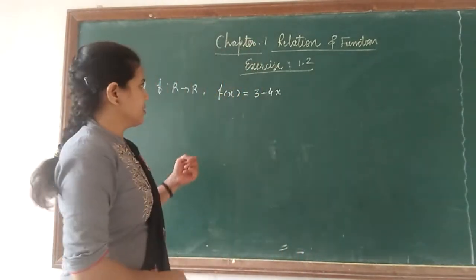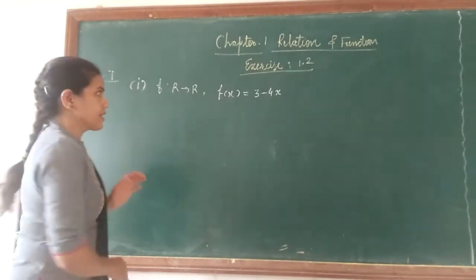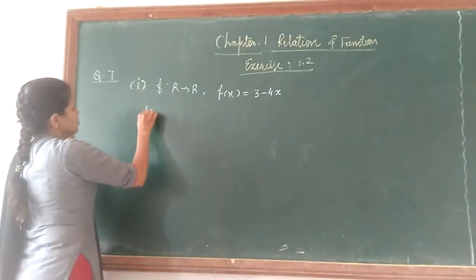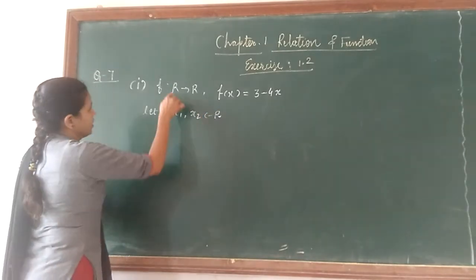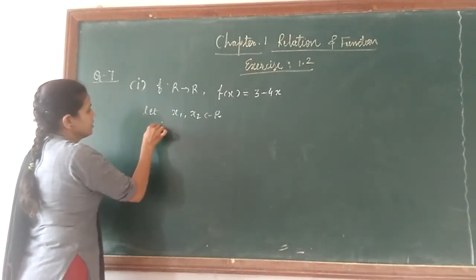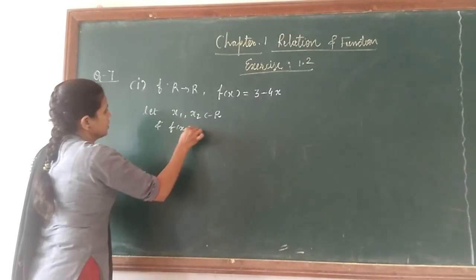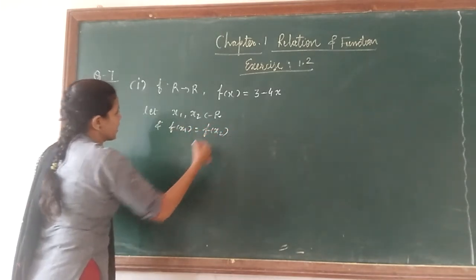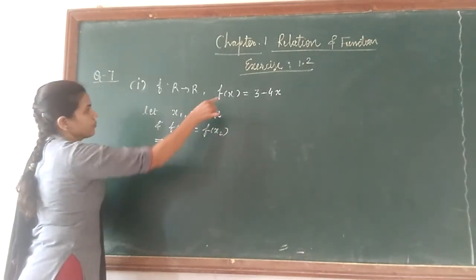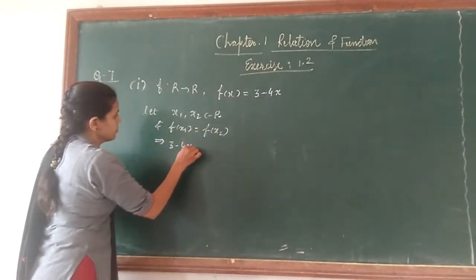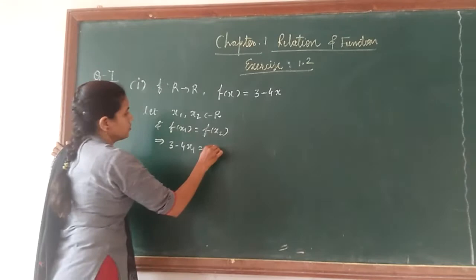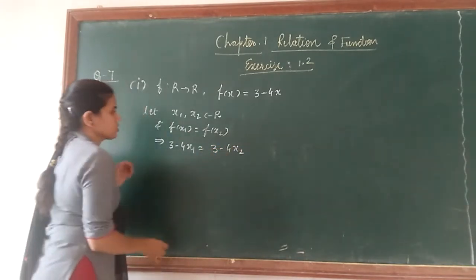So let me start with the first. Here we are taking x1 and x2. So let x1 and x2 belong to R, the domain, and f of x1 equals f of x2. So what will it be? f of x1 means 3 minus 4x1, f of x2 is 3 minus 4x2.